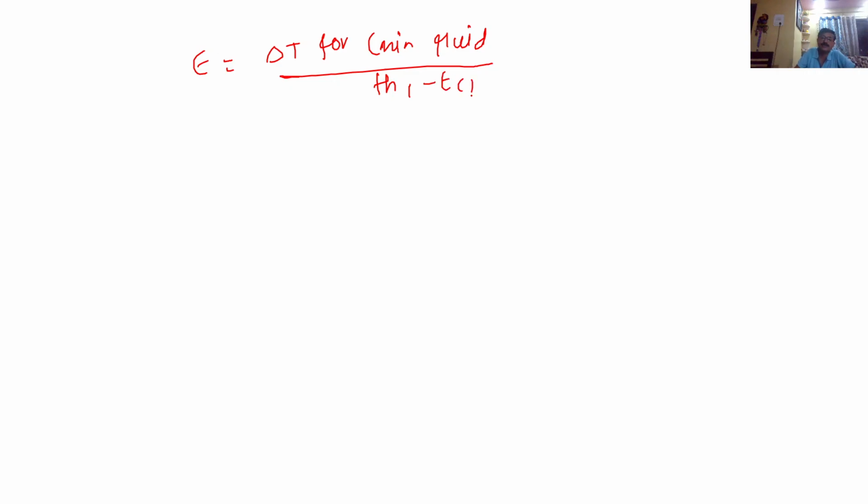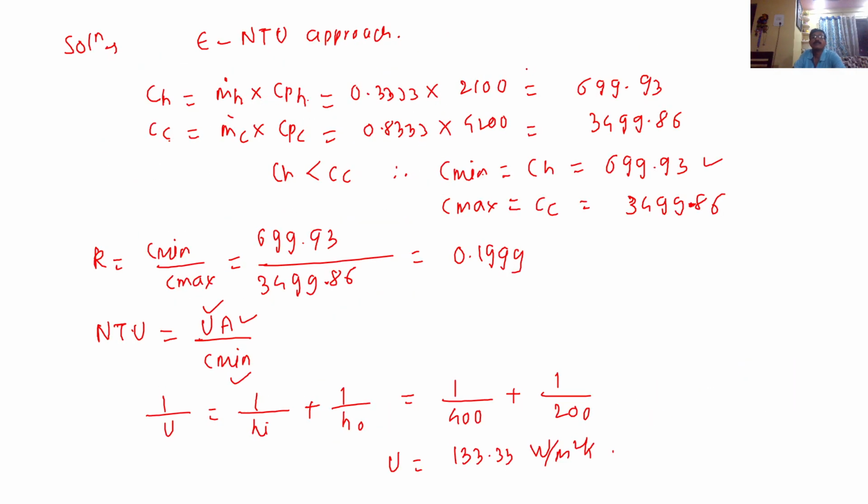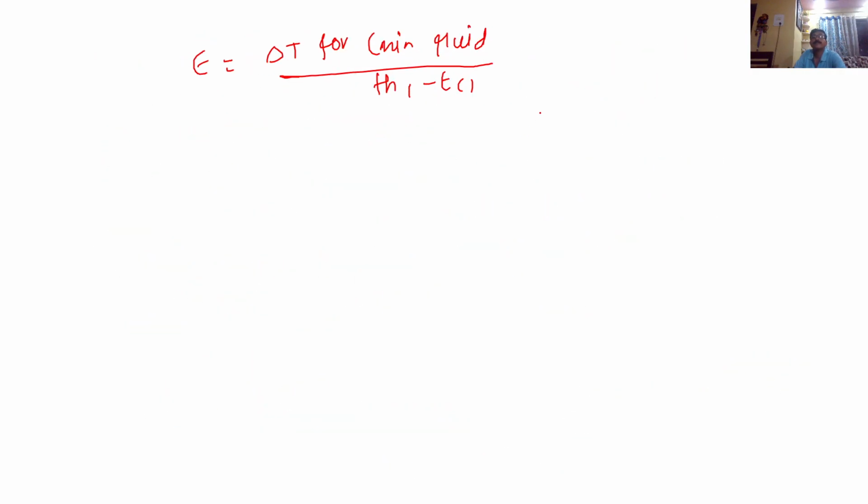Now, effectiveness is also given by delta T for the C minimum fluid divided by the maximum temperature difference TH1 minus TC1. Now, C minimum is the hot fluid. So what is delta T for the hot fluid? TH1 minus TH2, divided by the maximum temperature difference TH1 minus TC1.